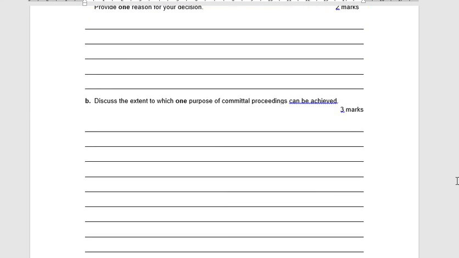Discuss the extent to which one purpose of the committal proceedings can be achieved. So the purpose of determining if there's a prima facie case can be achieved because the magistrate gets an outline of the whole case, so it can give an informed decision.